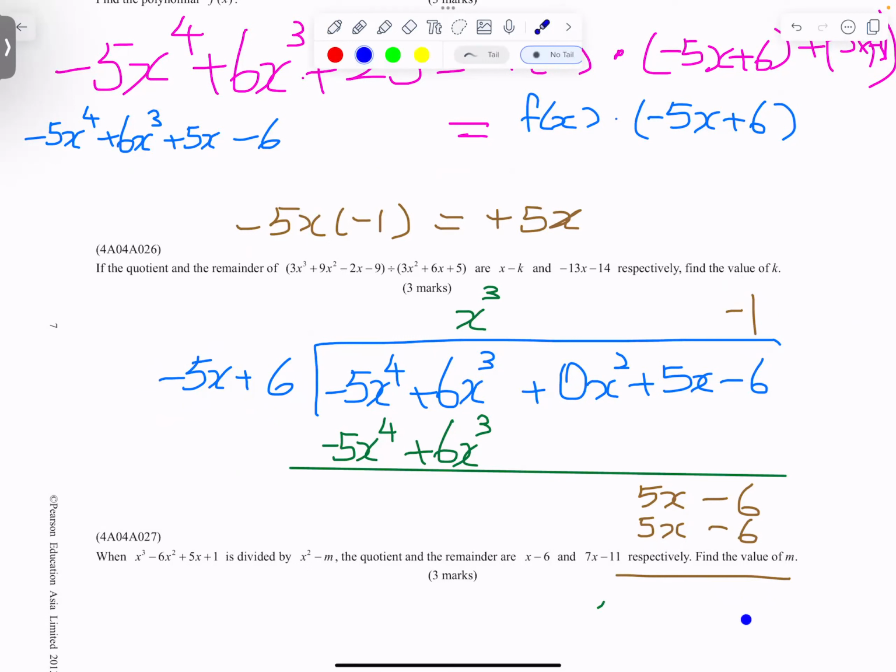You should not have a remainder if you're finding something on the other side. So I'm going to write it as f(x) equals x cubed minus 1.